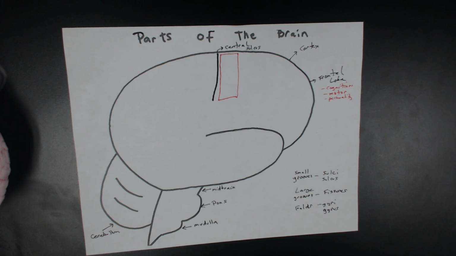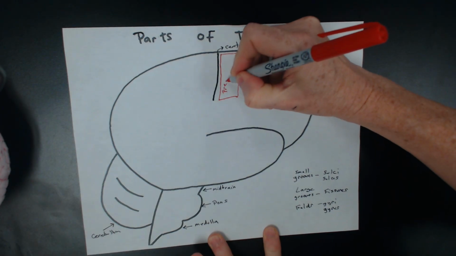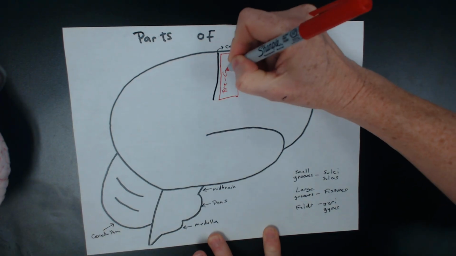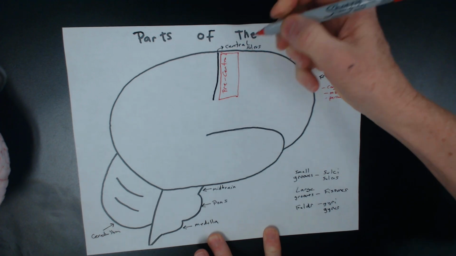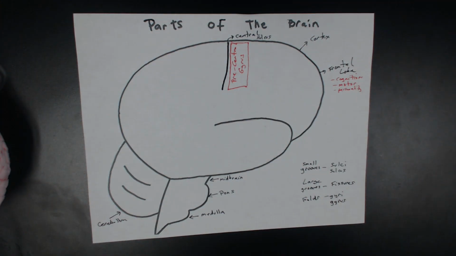Really important gyrus. We're going to talk about it a whole bunch. It is known as the pre-central gyrus. Like I said, it's nothing more than a fold, and this particular fold happens to be right in front of the central sulcus, so we call it the pre-central gyrus.